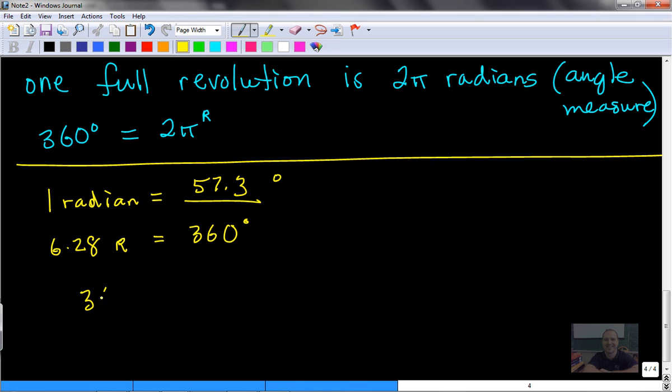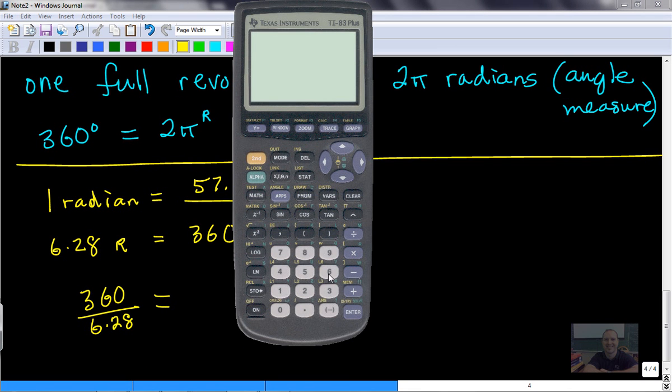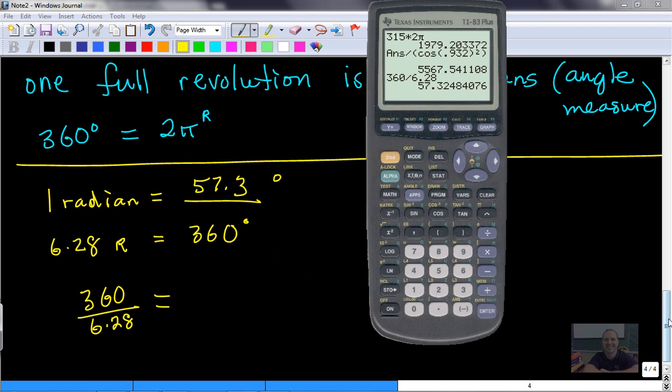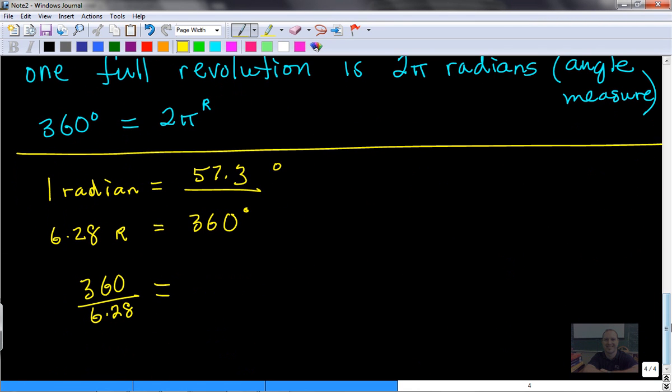So if you did 360 divided by 6.28, now this is a rounded decimal, but if you actually did that, you would get 57.32. So 1 radian is about 57.3 degrees. That was pretty close to what we drew up here, a couple degrees less than 60.